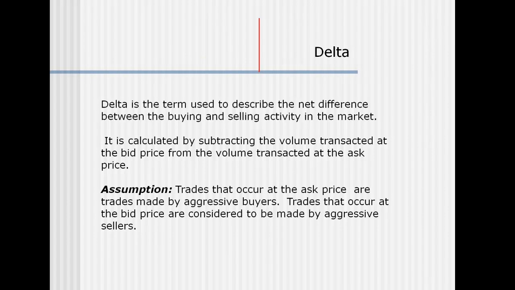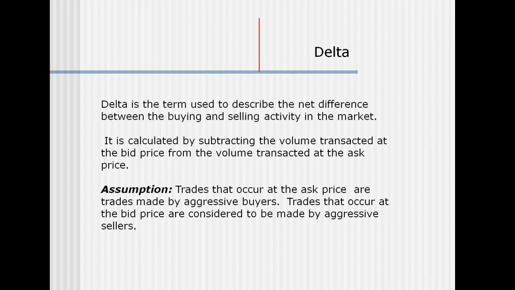If you think about it, determining whether activity is buying or selling activity is not an easy task at all. And the only way that the delta attempts to do that is by making a major assumption. And you should be aware that that is an assumption and not always a truth.